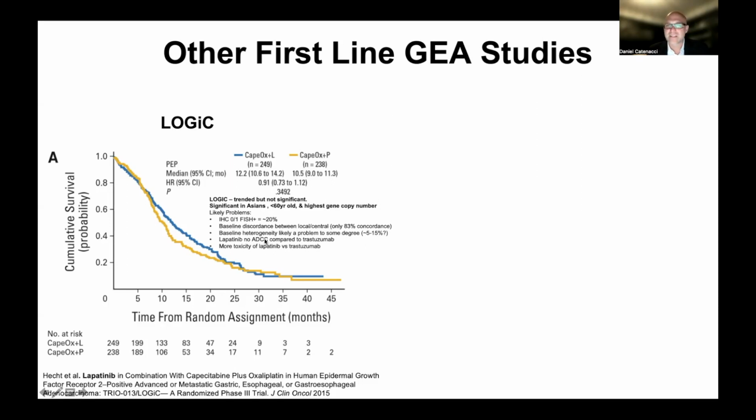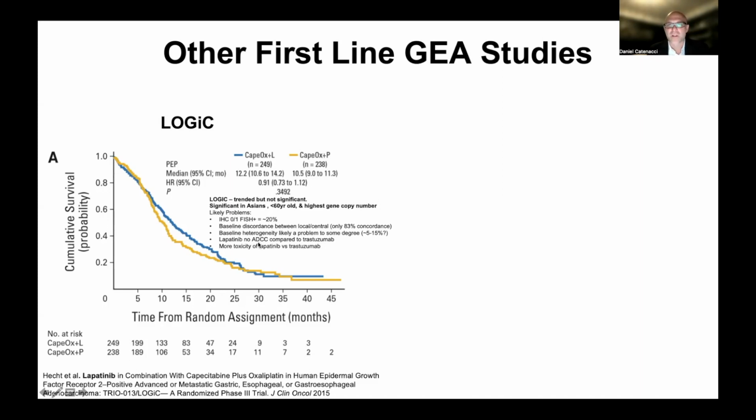And so it's well established that trastuzumab is probably a better therapy than lapatinib, and that also contributes to why lapatinib may not be doing as well in this study. In addition, generally speaking, adding a tyrosine kinase inhibitor like lapatinib to chemotherapy is a little bit more toxic, with more side effects, than trastuzumab with chemotherapy.